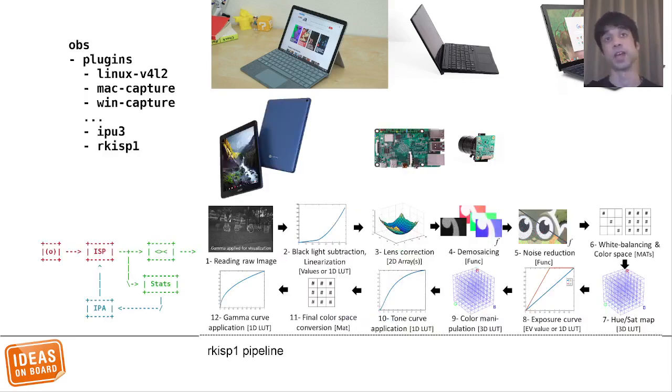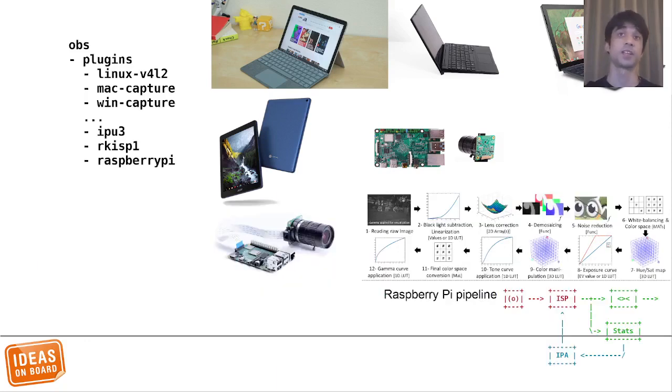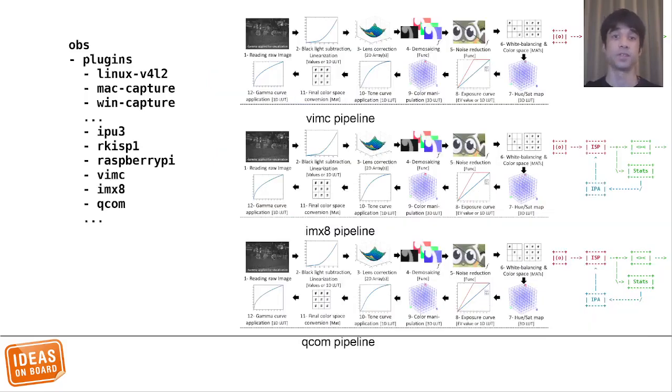And you need to add a Rockchip ISP source to support devices like the RockPi and the Acer ChromeTab, and a Raspberry Pi source to support the Raspberry Pi, and a VimC source to support VimC, and an IMX source to support IMX devices, and a QCOM source to support QCOM devices, and so on.